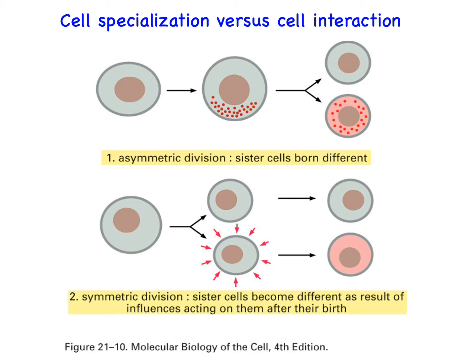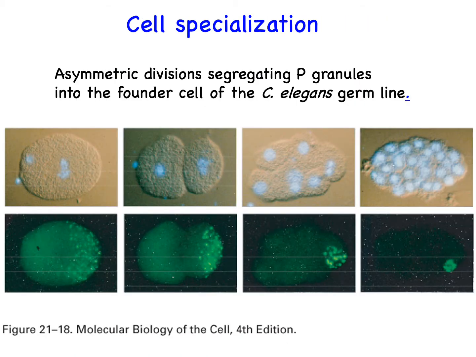But let's go back to the first idea here, the asymmetric division, and look at an example of that. This is from the small worm C. elegans. This is a nematode that when it's totally mature has just over 100 cells.